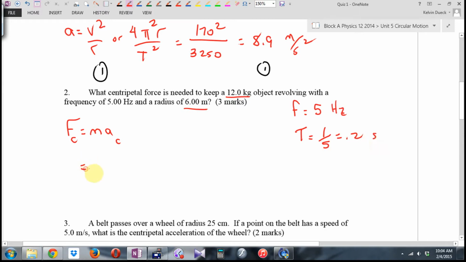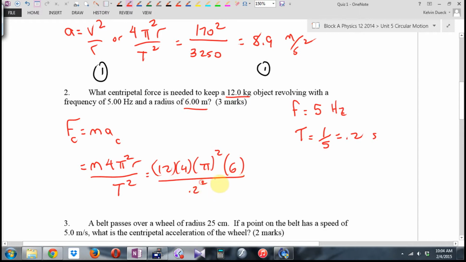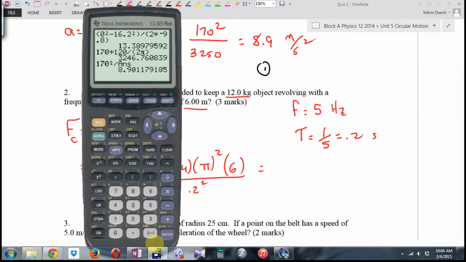It's m times 4 pi squared r over t squared: 12 times 4 times pi squared times 6 divided by 0.2 squared, which gives 71,000 blah, blah, blah.